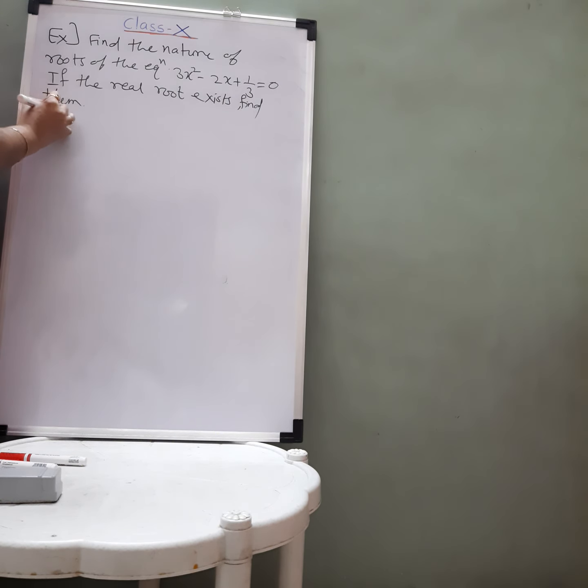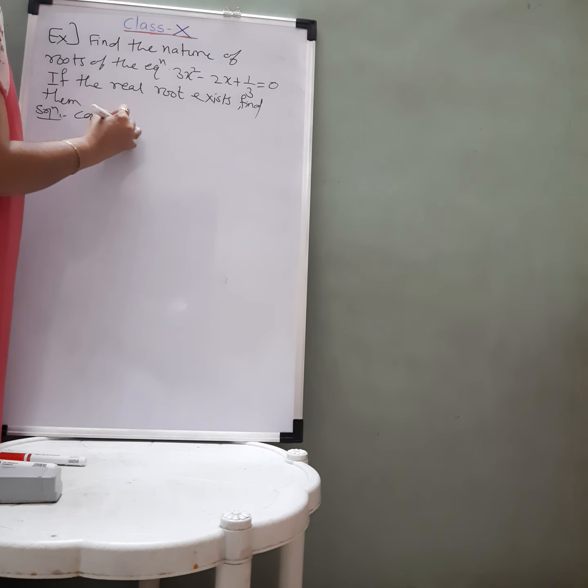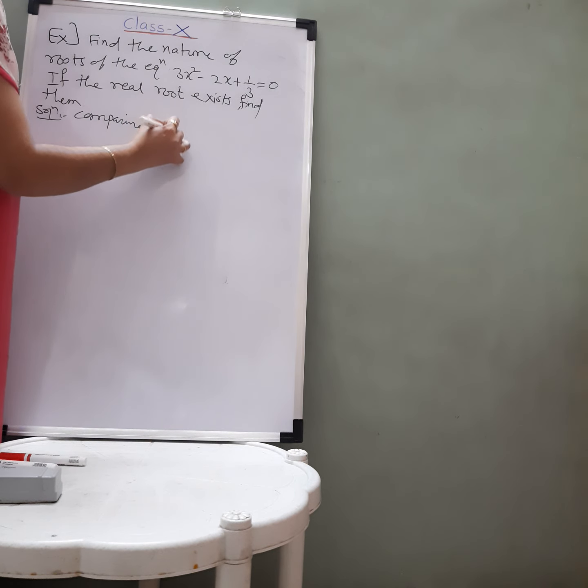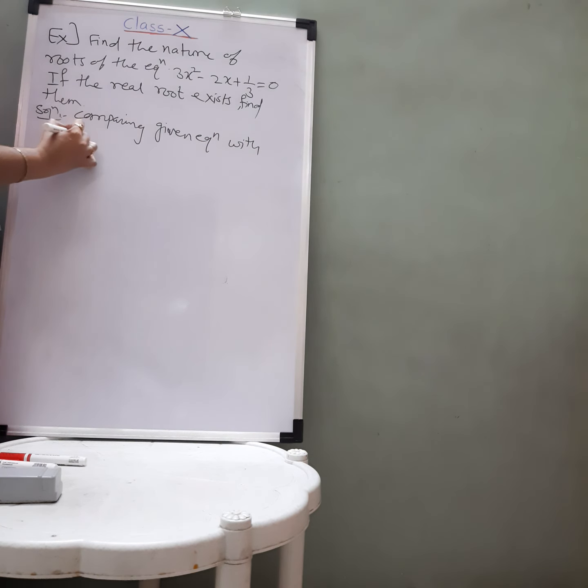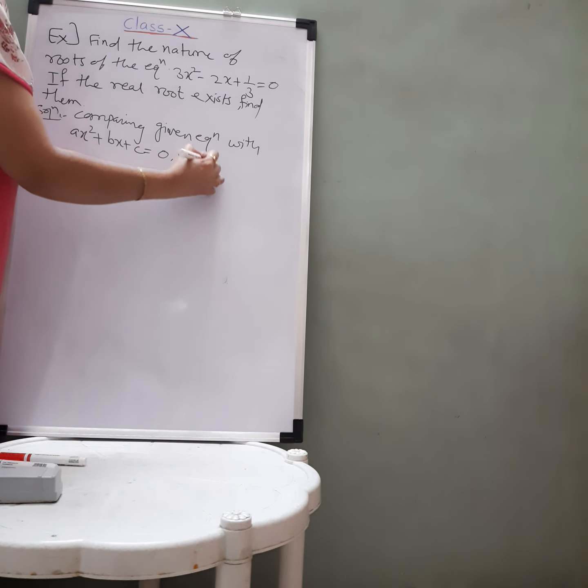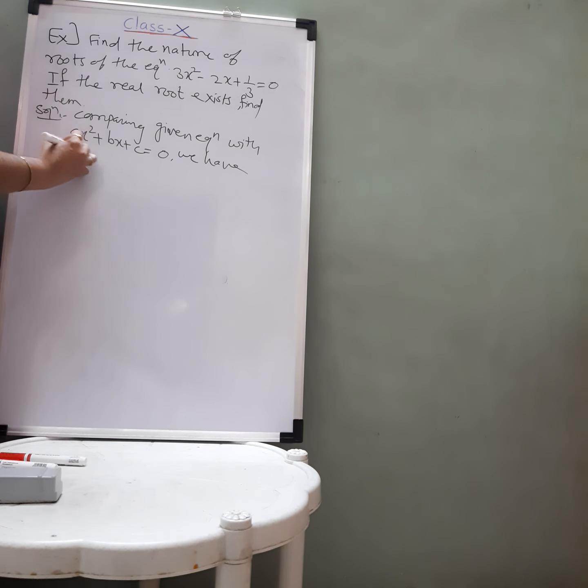In this case, your first step is finding the discriminant. Comparing the given equation with ax square plus bx plus c is equal to 0, we have a is equal to 3, b is equal to minus 2 and c is equal to 1 upon 3.